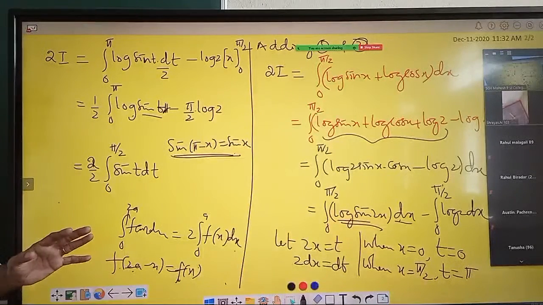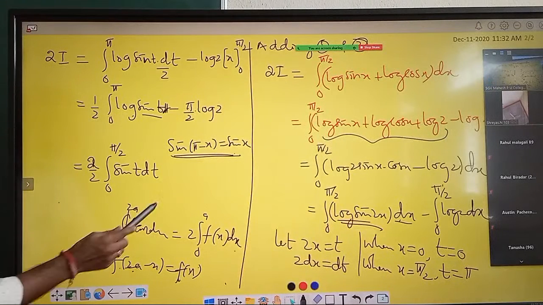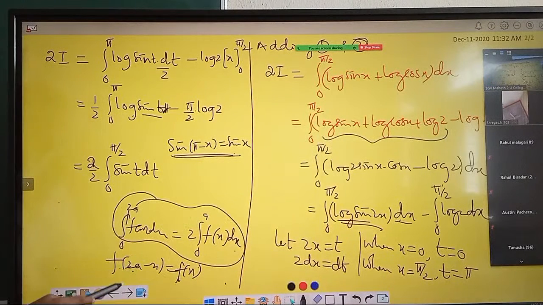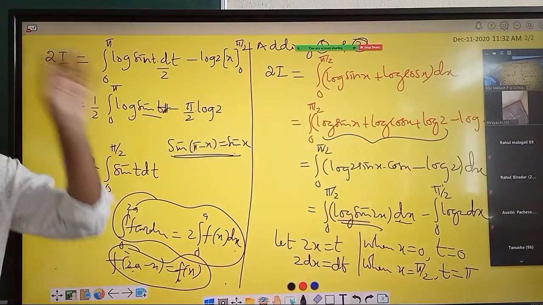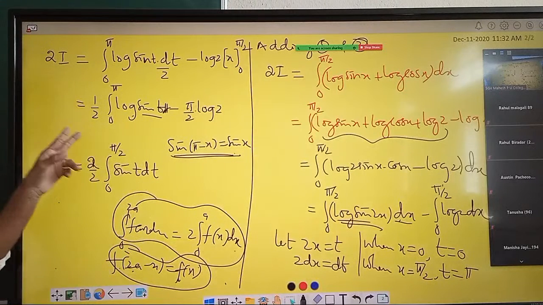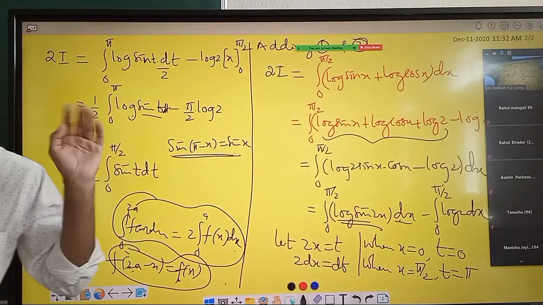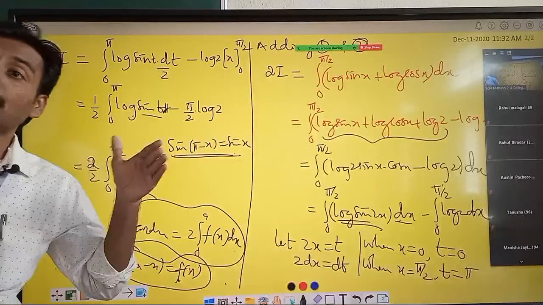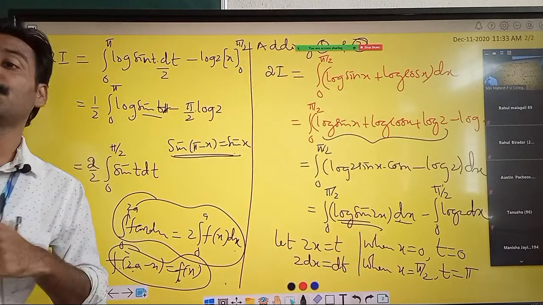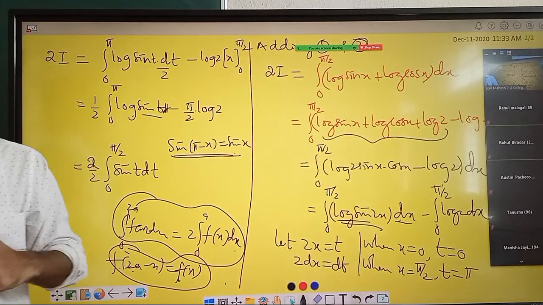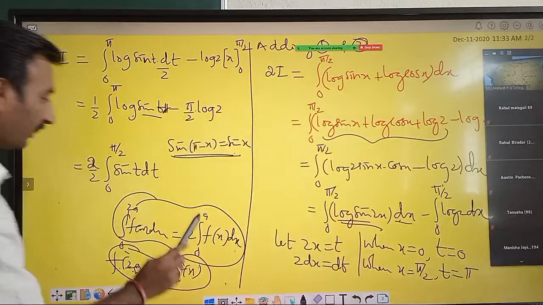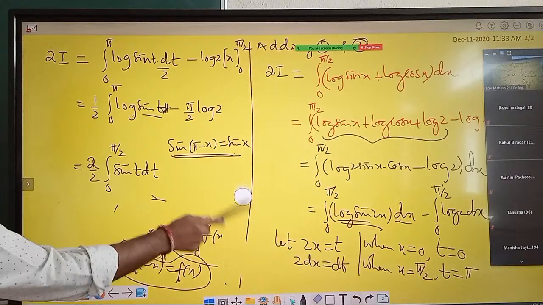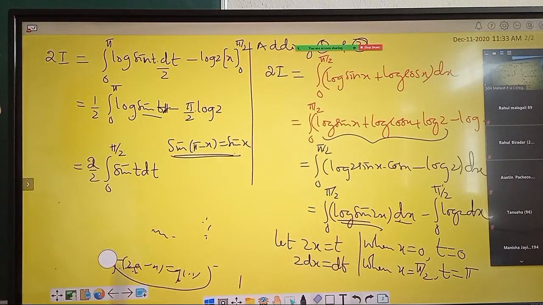I am using this property: if f of 2a minus x is equal to f of x, that is sin of pi minus x equal to sin x, if it happens, I can write it as 2 times of half of this interval. 0 to pi, I can split it as 0 to pi by 2 and 2 times of that, because this is okay for me. Yes. Now look at this, the next thing is very simple for us.